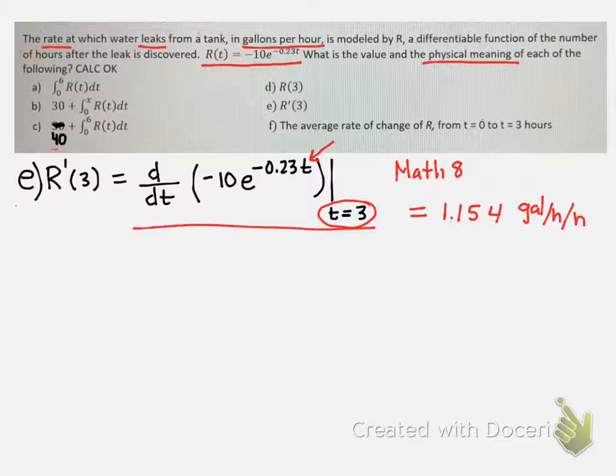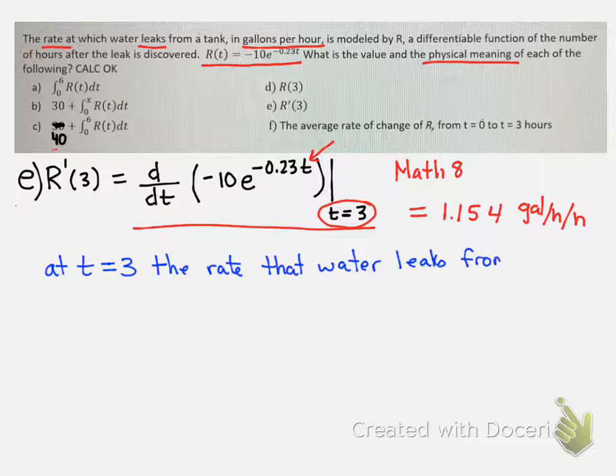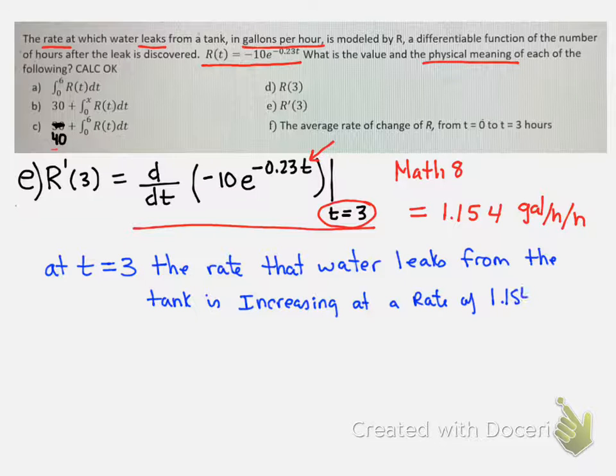What are the units? I'm sorry, what's the meaning? The meaning is at the instant t equals 3, the rate that water leaks from the tank is increasing at a rate of 1.154 gallons per hour per hour.